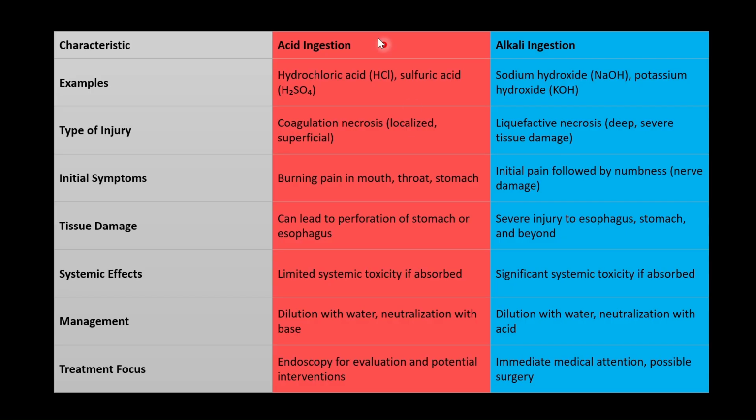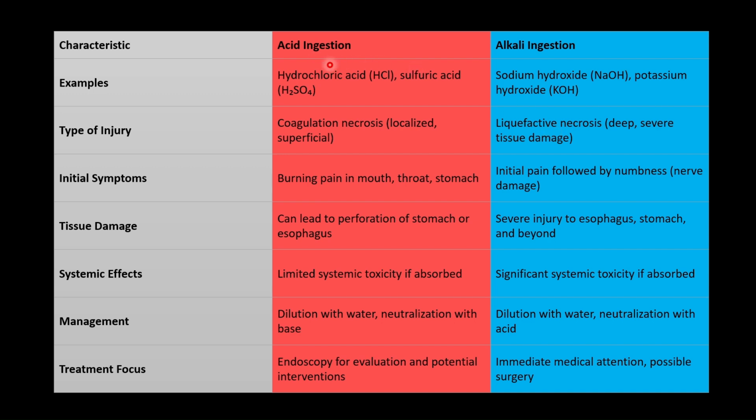Now, here is a table differentiating between the acid ingestion and the alkali ingestion. Acidic ingestion causes coagulative necrosis, which is localized and superficial. Whereas alkali ingestion causes liquefactive necrosis, which is deep and causes much more severe damage.